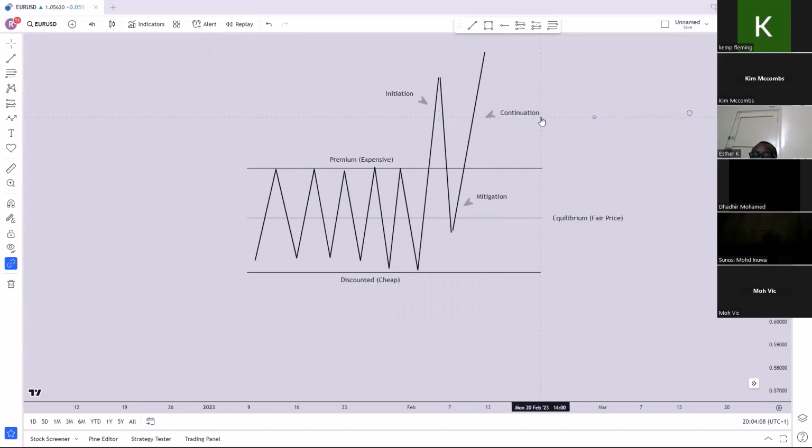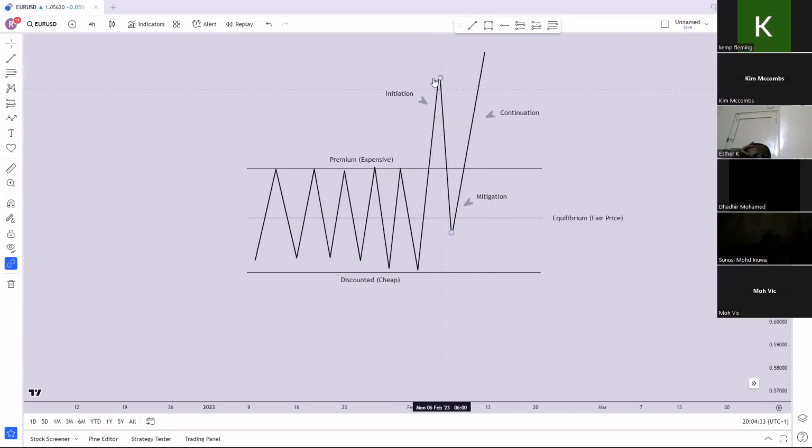We'll go through that one more time. Once we get that initiation, which is the first hand that the big banks have shown us that we are now heading up to the upside, this is the first clue of what they want to do, which in this case is to come back down and head back up again. We don't want to buy here. We want to be patient. We want to enter where we can get it at the cheapest price.